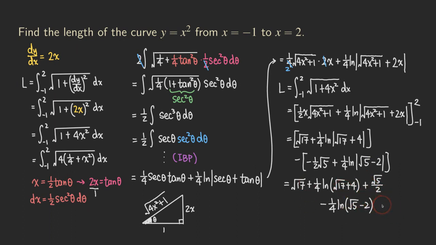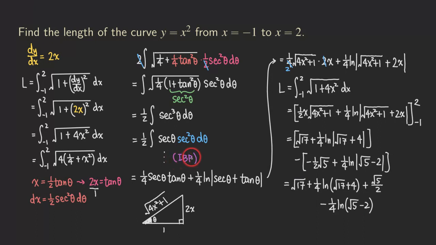It's multiple values all added together, right? So as you can see, this problem requires a lot of work, even though we have a simple curve right here. It's really because of the square root. And so first we started with the trig sub, and then we realized that we get a trig integral with odd power for the secant. And so we cannot really just do a u sub. We have to do integration by parts. And then I actually showed the integration by parts, but I erased them because I ran out of space.